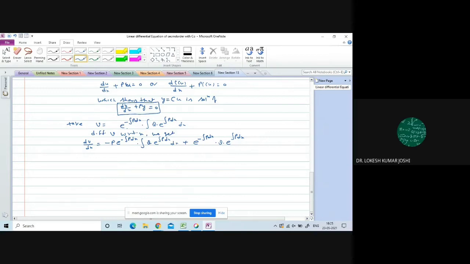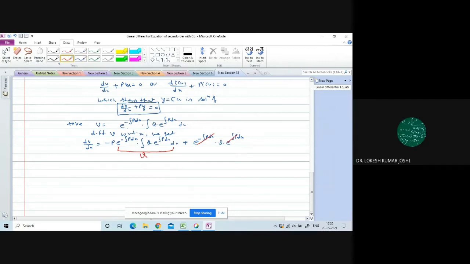Now, if we see what our v is, v is e to the power minus integral p dx into the integral of q into e to the power integral p dx. Therefore, we just replace this term with v. If we see it carefully, e to the power minus integral p dx and e to the power integral p dx will cancel out.